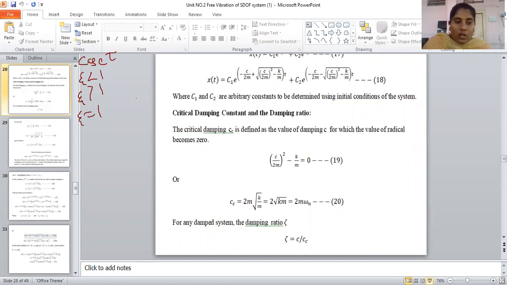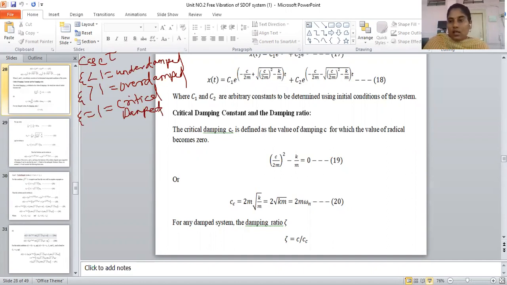Zeta less than 1 is an under damped system. Zeta greater than 1 is an over damped system. And zeta equal to 1 is the critically damped system.